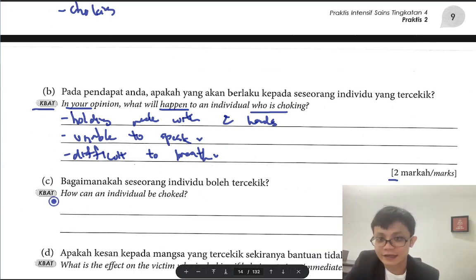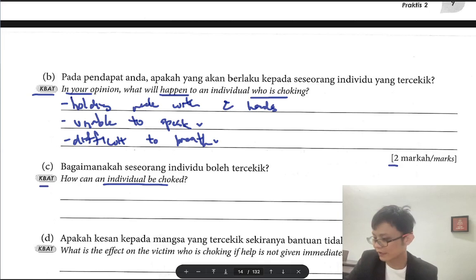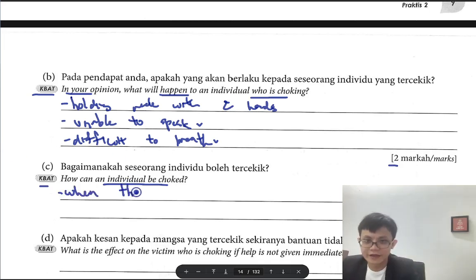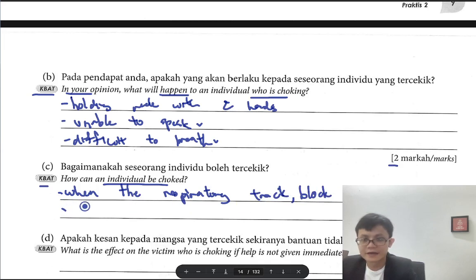Wow, this is again a KBAT question. How can an individual be choked? 1 mark only. Very good. When the respiratory tract is blocked. I put the keyword blocked, by food or a foreign object.